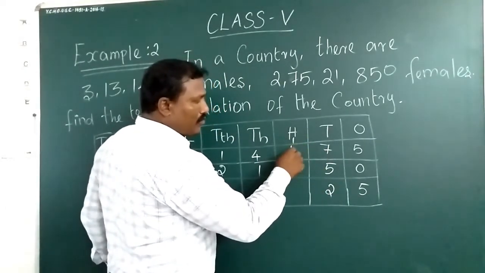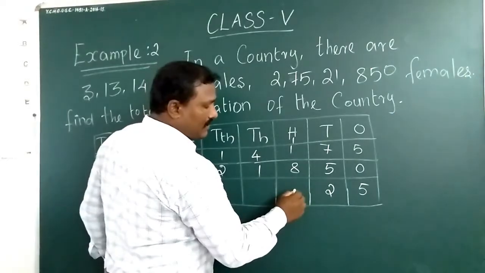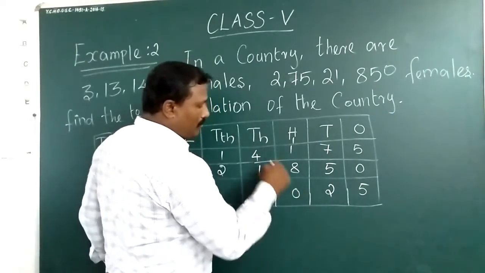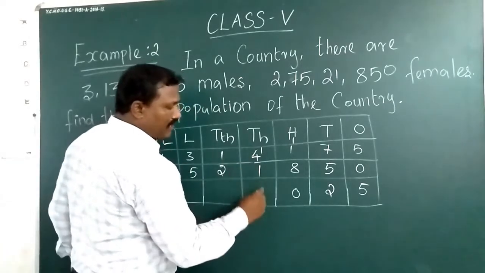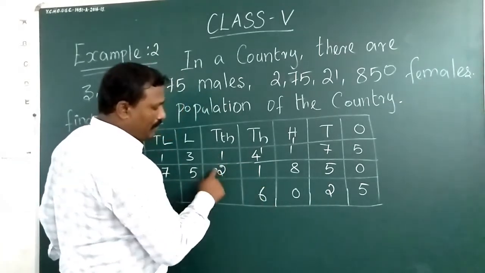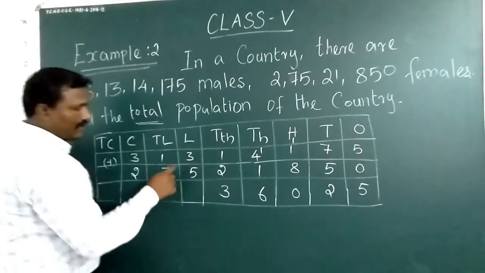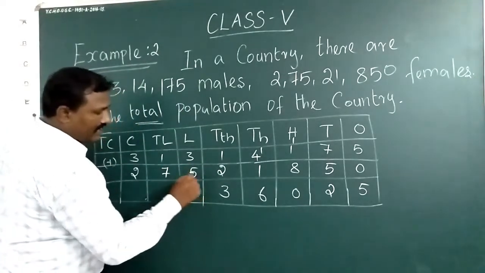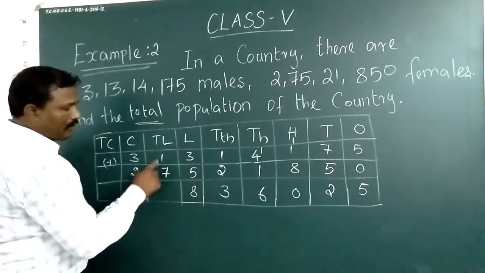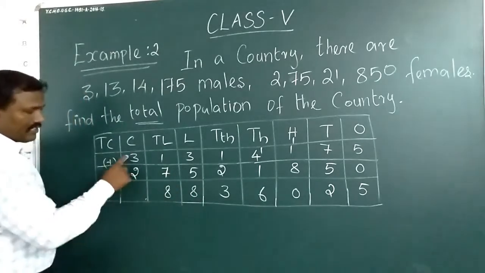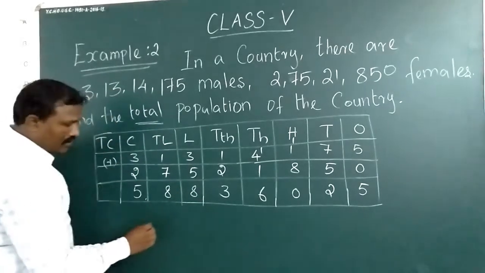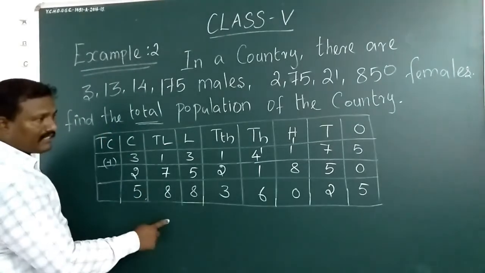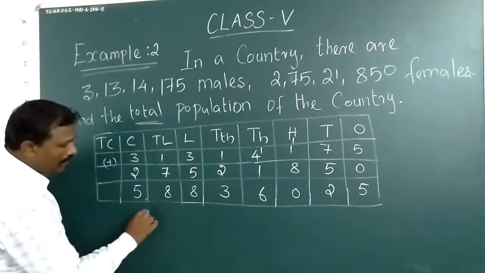Then 1 plus 1 is 2, 2 plus 8 is 10, so 0, put remainder 1. 4 plus 1 is 5. 5 plus 1 is 6. Then 1 plus 2 is 3. 5 plus 3 is 8. Then 1 plus 7 is 8. 3 plus 2 is 5. Take the answer and write it separately as the total population.